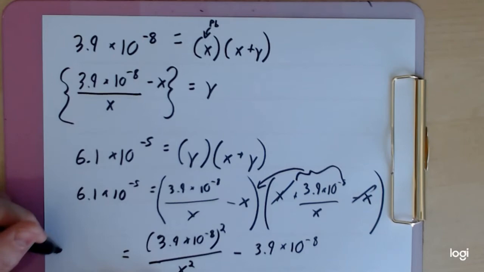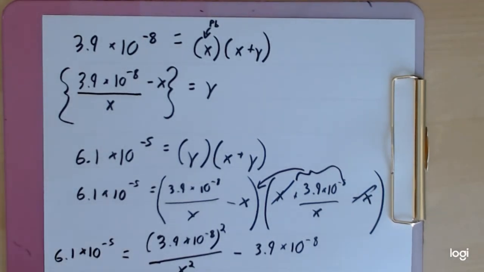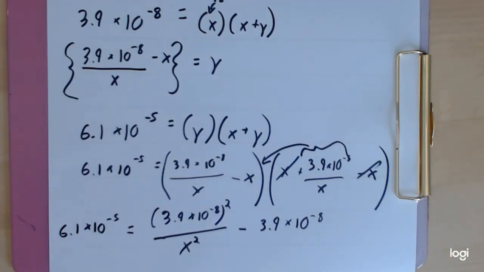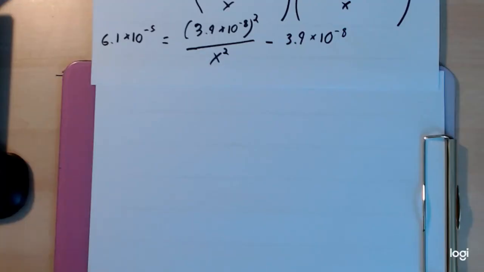And this all equals 6.1 times 10 to the negative 5. Okay, so now it's just a question of rearranging it to solve for x. So we can do that next.